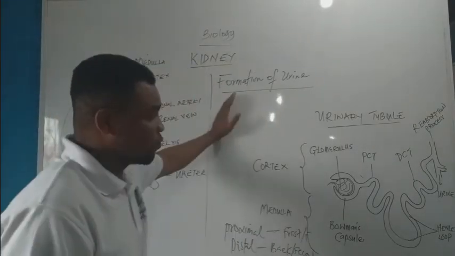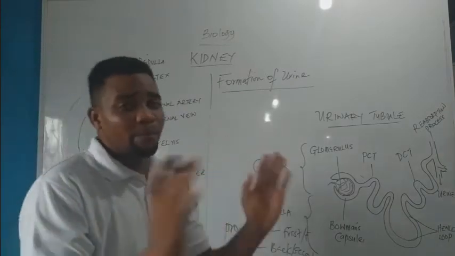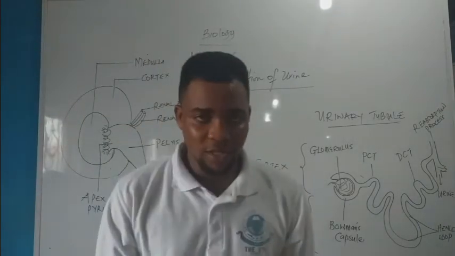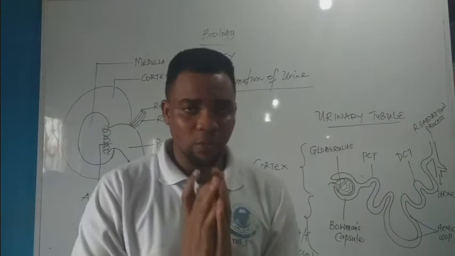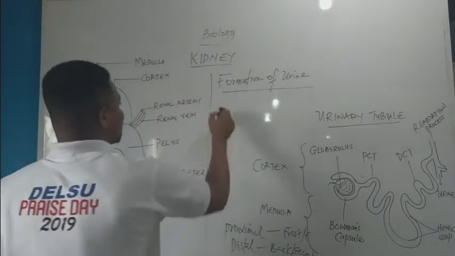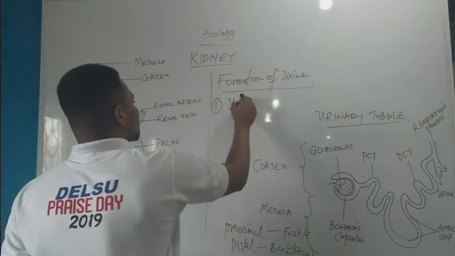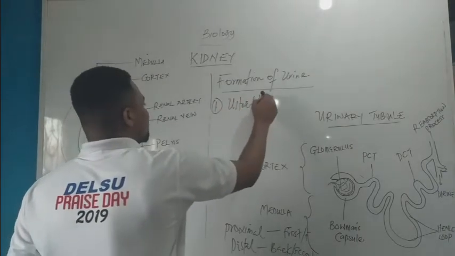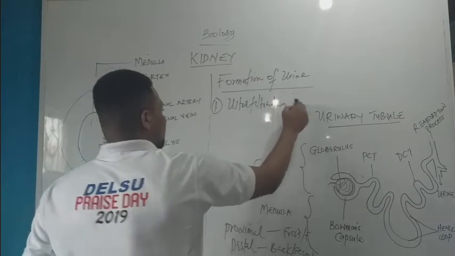Under the formation of urine, there are three basic processes. The first one is the ultrafiltration process.